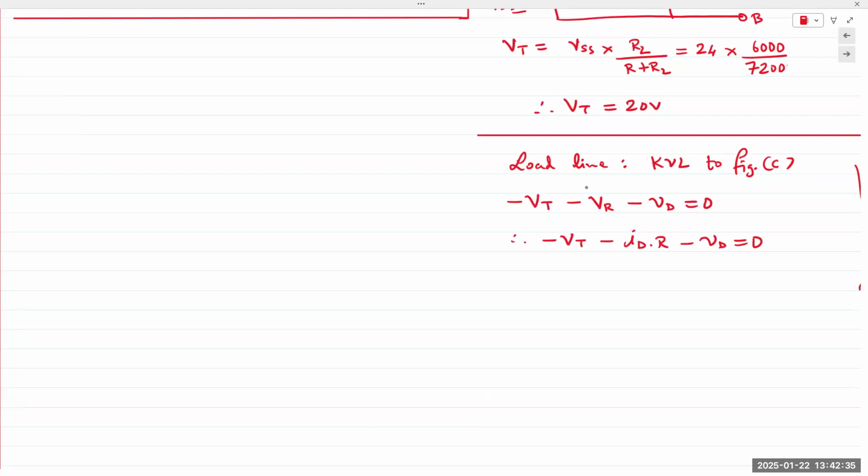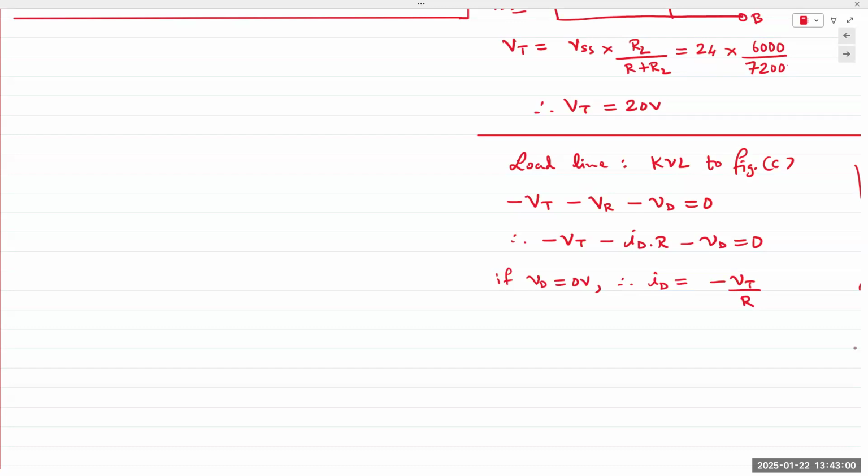Two unknowns, ID and VD. To find the endpoints of the line, or the intersection points with the X and Y axes, I would plug in VD equal to 0 volts. And therefore, ID would be equal to minus VT over R.